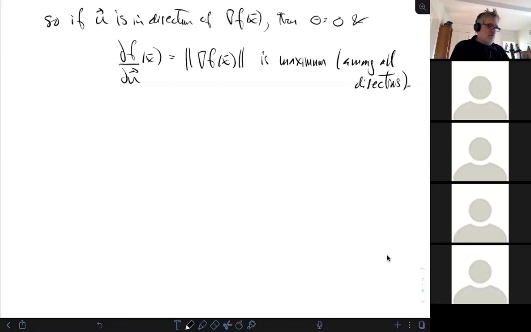Okay, so the direction of maximum increase is the direction of the gradient, and the value is the length of the gradient. That gives you that rate of change, which is pretty cool.